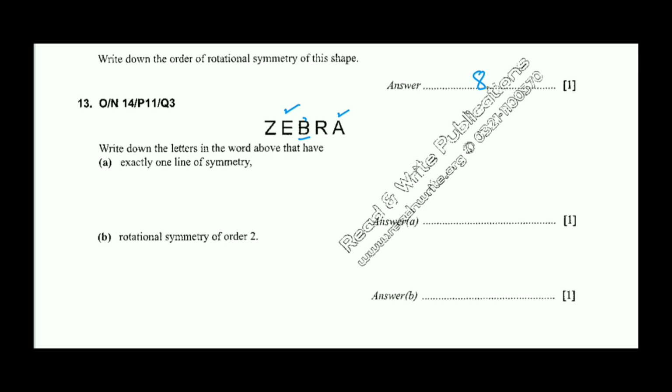It means that B also has one line of symmetry, so B will also be included. So E, B and A.